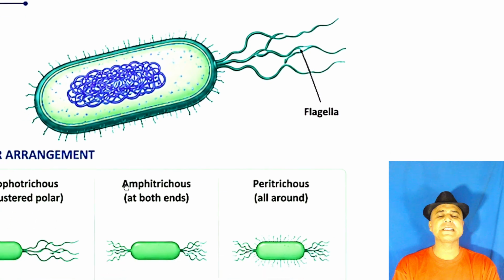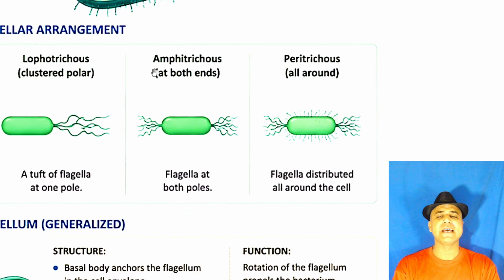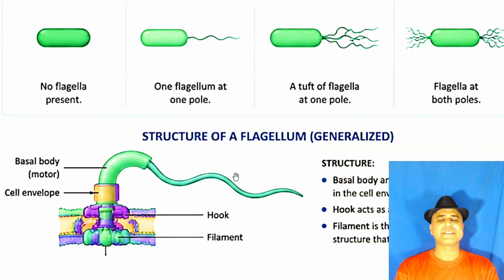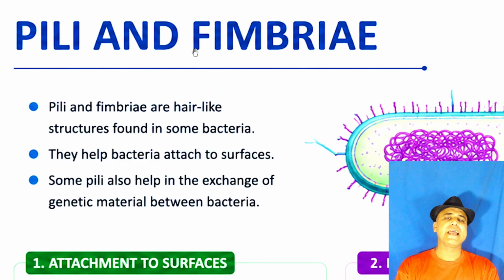There are different arrangements of flagella on bacteria. This is a pattern on both sides, on the whole surface. This is the structure of flagella, which plays an important role in the movement of bacteria.